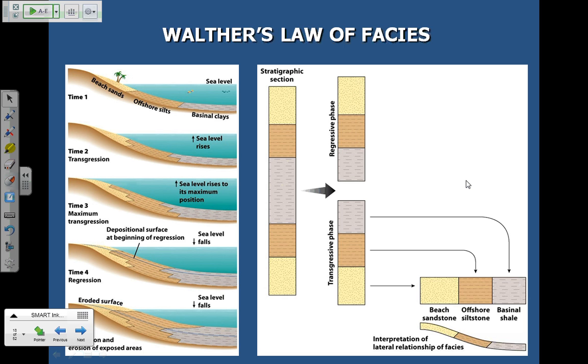And that predicts what was being deposited at any given time during our transgression. So we can just look at this sequence, and if we have the geopetal structures, we know that this would be the oldest and this the youngest. So we can take this, flip it over on its side, and that tells us what was being deposited at any given moment in our larger basin.